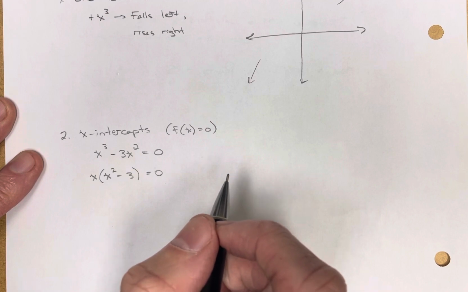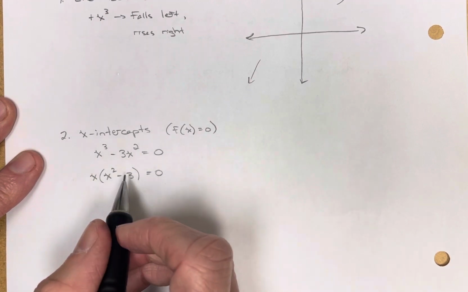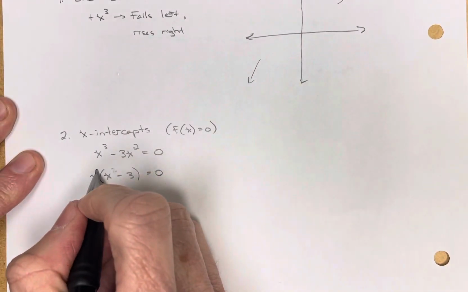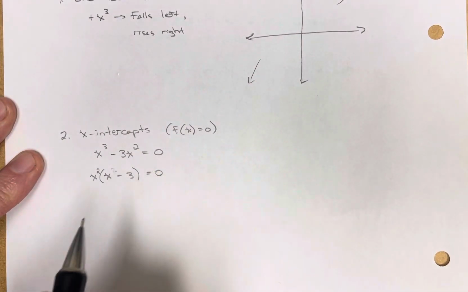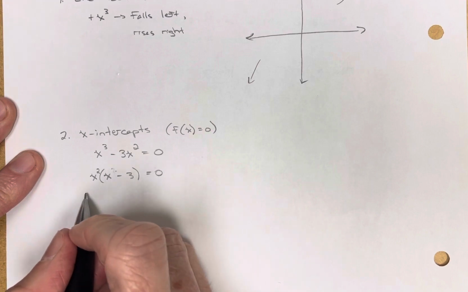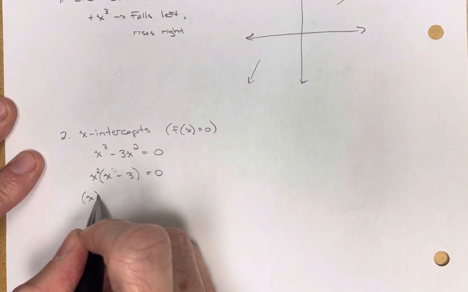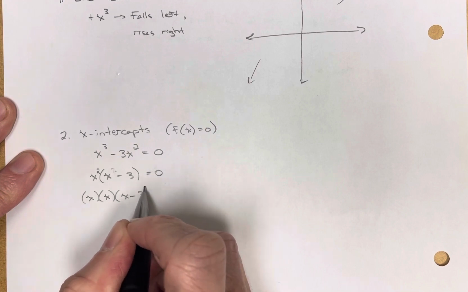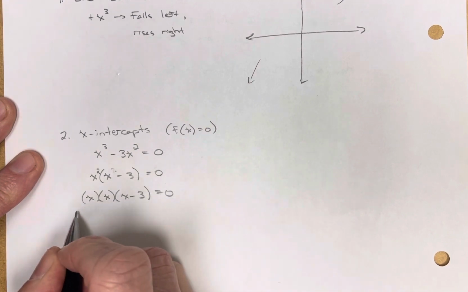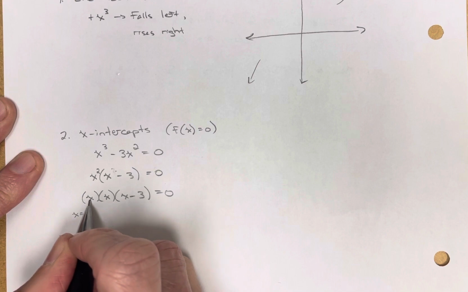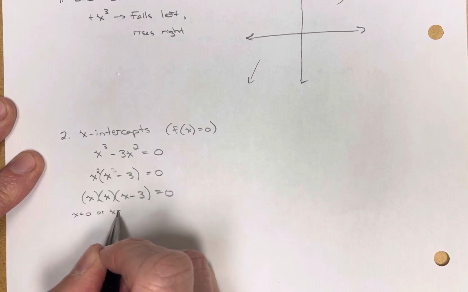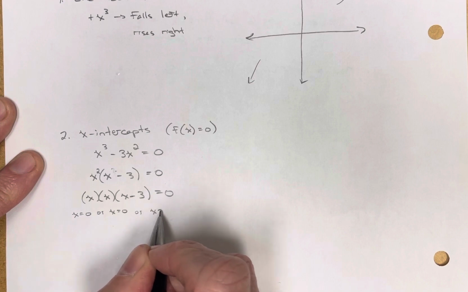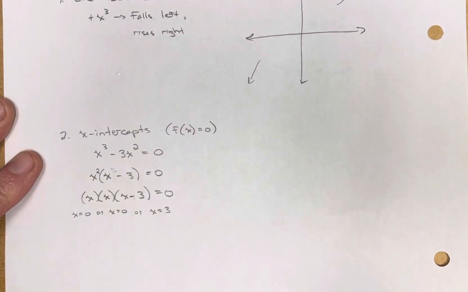Take that back, I goofed up on that one. The common factor is x squared, and I'm left with x minus 3. That's much better, which means x squared times x minus 3 is equal to 0. So x is equal to 0 from this factor, or x is equal to 3 from this factor.